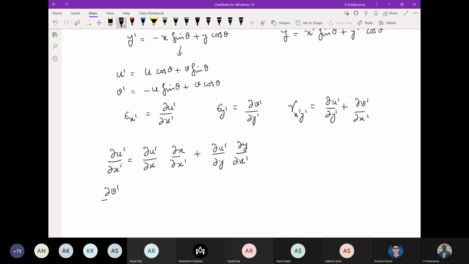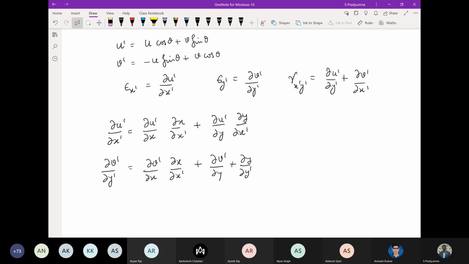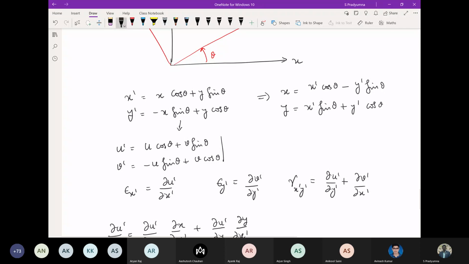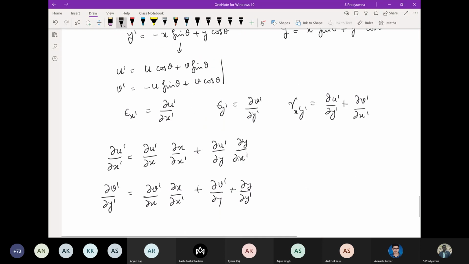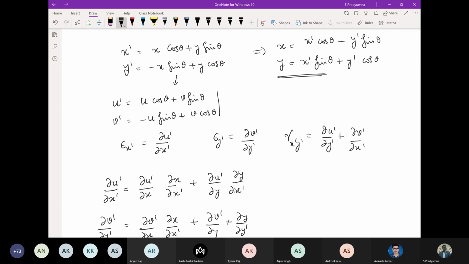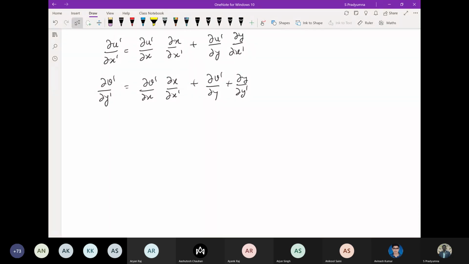Similarly, for dou v dash by dou y dash, I write it as dou v dash by dou x into dou x by dou x dash plus dou v dash by dou y into dou y by dou y dash. Okay, now we substitute for this dou u dash by dou x from this expression, and also we consider dou x by dou x dash from these expressions. Okay, so I can substitute here.